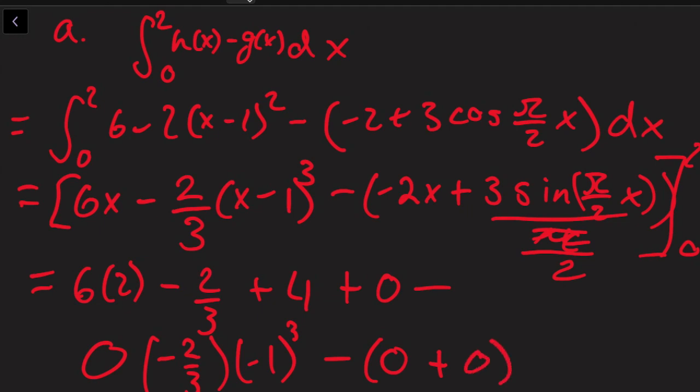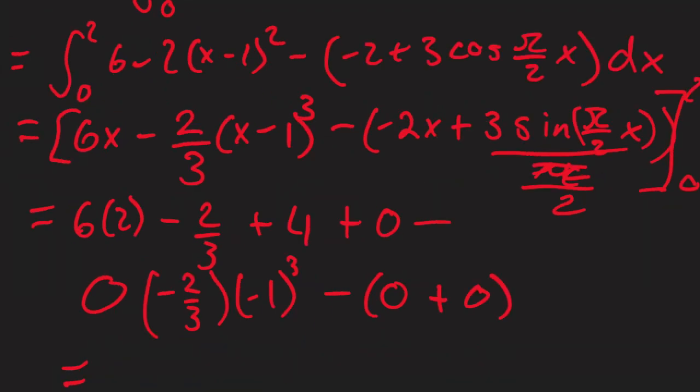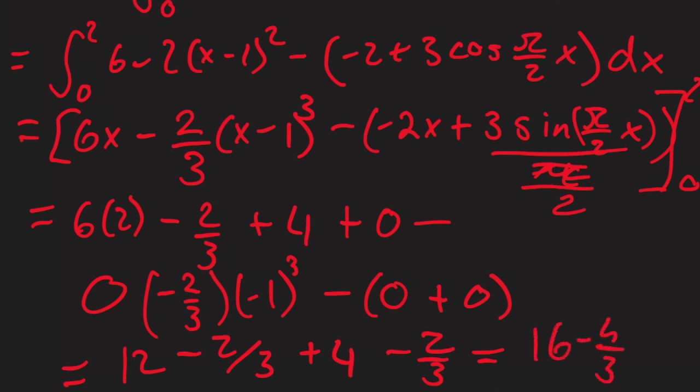So we end up getting 12 minus 2/3 plus 4 minus, so these become positive, minus 2/3. So we're going to get 12 plus 4 is 16, minus 4/3. 16 times 3 is 48. 48 minus 4 is 44/3. And that's the area of R.